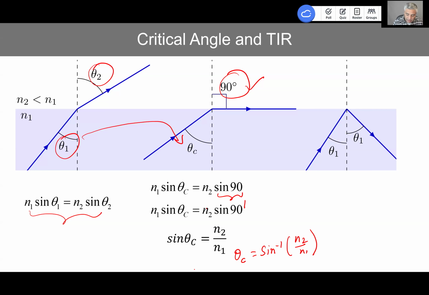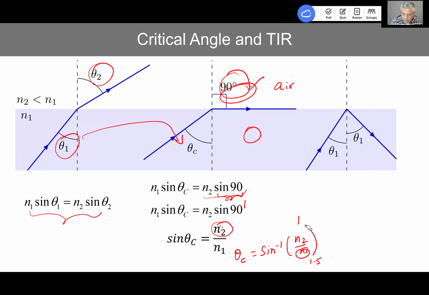So in this case, n2 is the refractive index where the angle was 90 degrees. So in this case, if we assume this is air, that means this refractive index is going to be 1. And if this is glass, then the refractive index is 1.5. So if you have a calculator handy, go ahead, do the calculation. It should come out slightly more than 40.